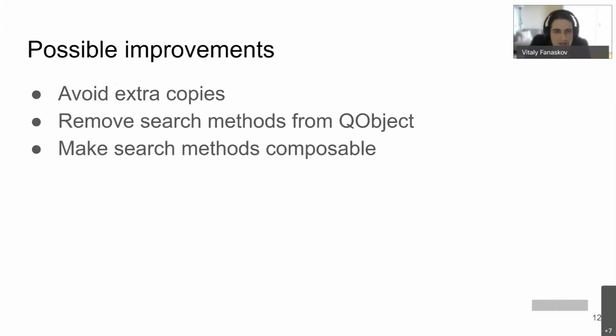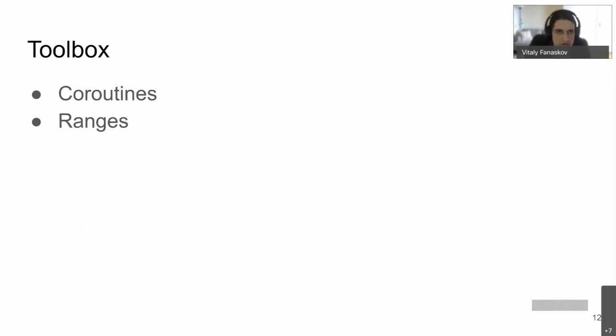And the last thing, we can slightly improve extensibility by making all elements composable. So we can, strictly speaking, do this chaining or pipeline to compose a few predicates or a few actions in one chain and then evaluate it. I will show a bit later how to do that.